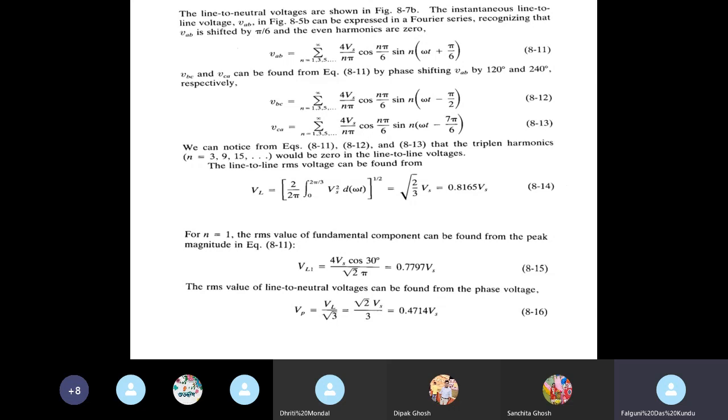The value is 0.7797 Vs. Then the RMS value of line-to-neutral voltage can be found by VL by root 3. We put the value of VL here, and we get that Vp, the RMS value of line-to-neutral voltage, is 0.4714 Vs.